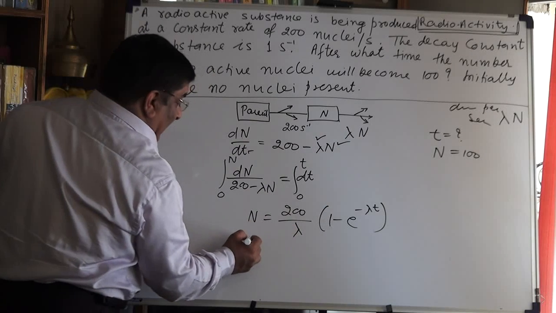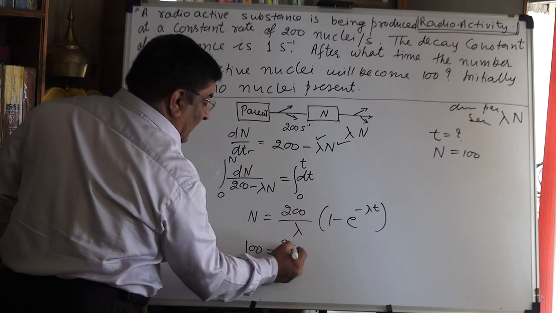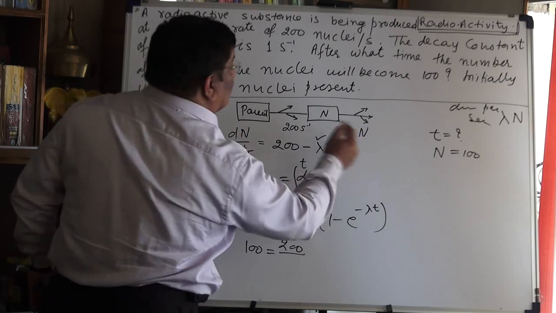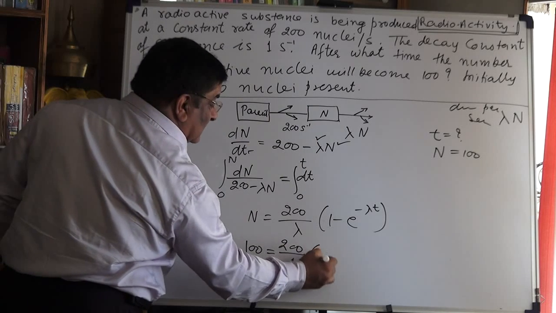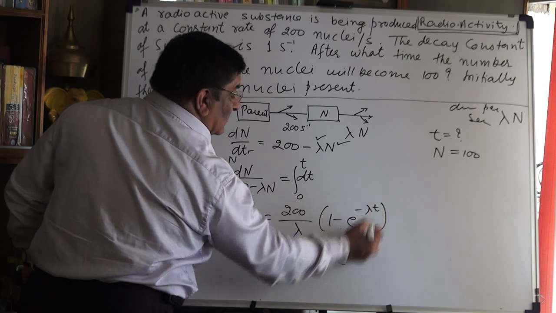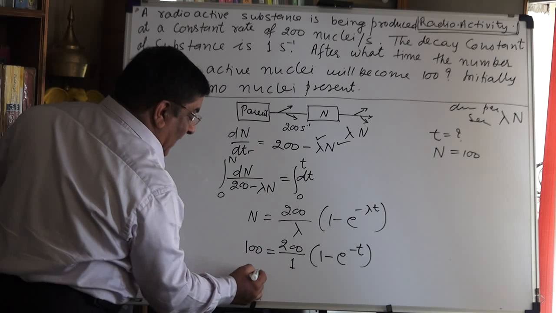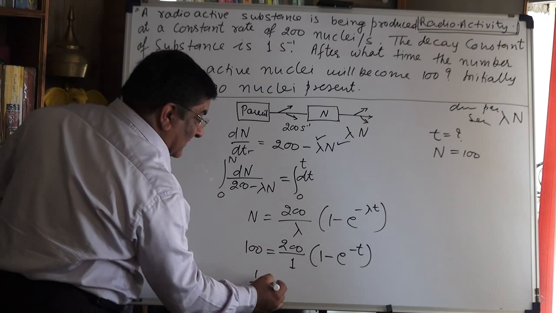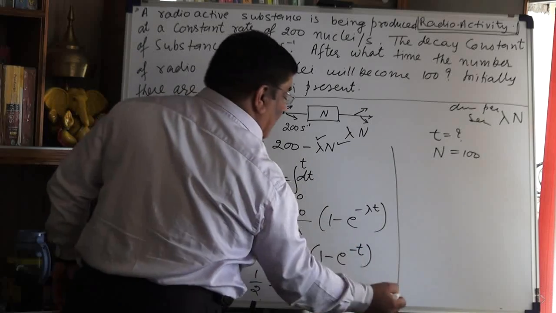N is equal to 100. This is equal to 200, lambda is equal to 1. So this is 1 minus e to the power minus 1 into t. So this 200 will bring here 1 upon 2 is equal to 1 minus e to the power minus t.